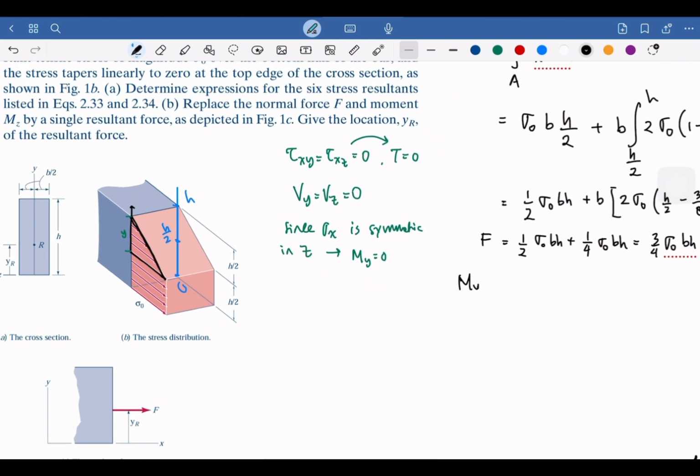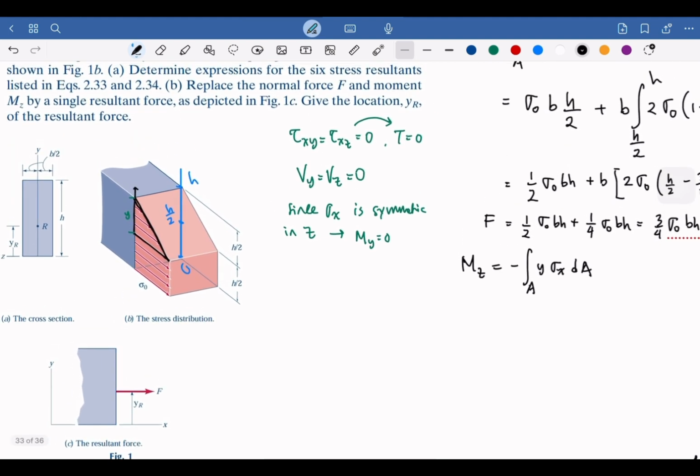So Mz, the only bending moment that we can find, is going to be negative integral of y sigma x dA. And again, sigma x is based on the same relations, the same formulations.